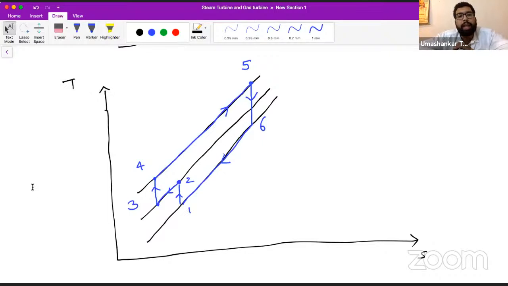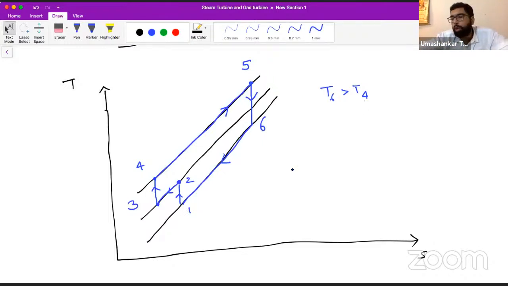And as you can see, I tried to make this point T6, the temperature of 6, above 4, because we will be adding regeneration here also at a later point of time. So just make this habit, otherwise the confusion will increase.